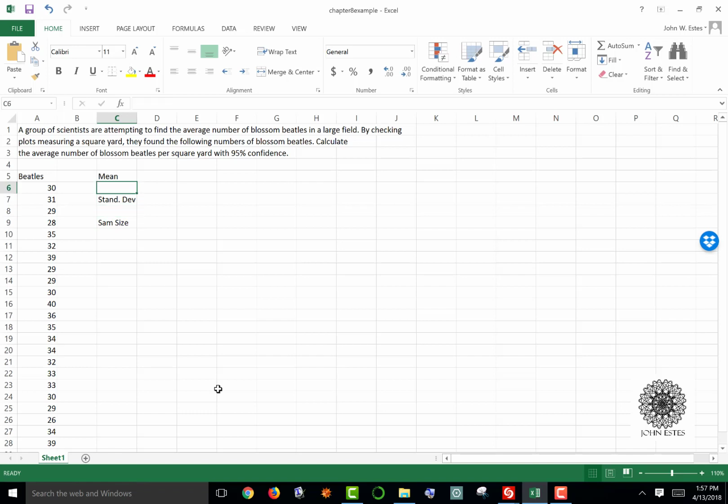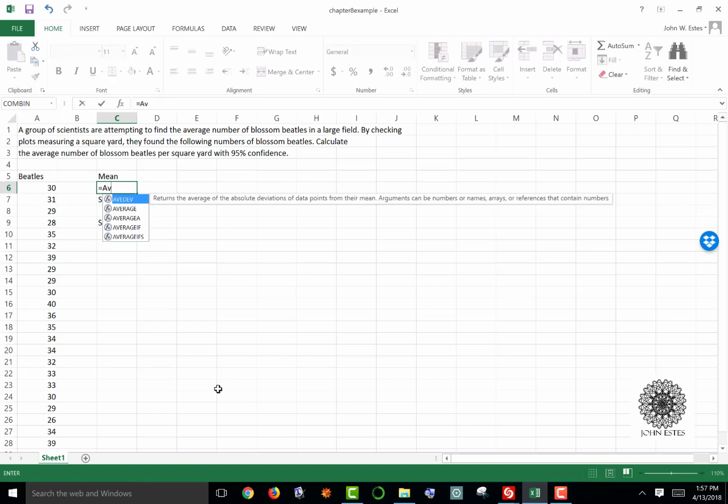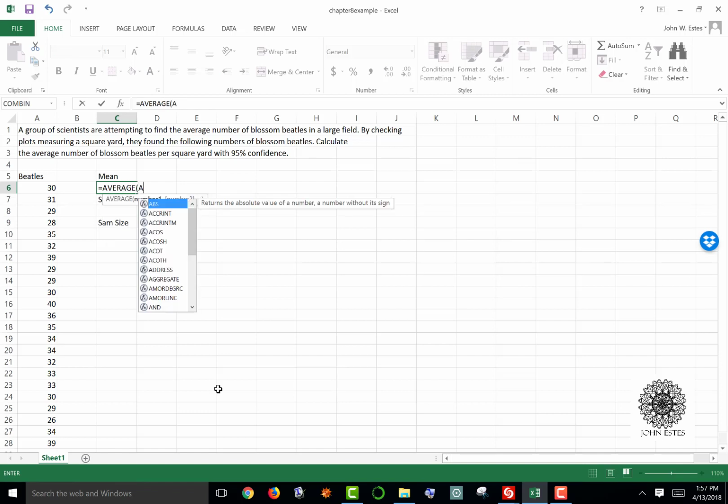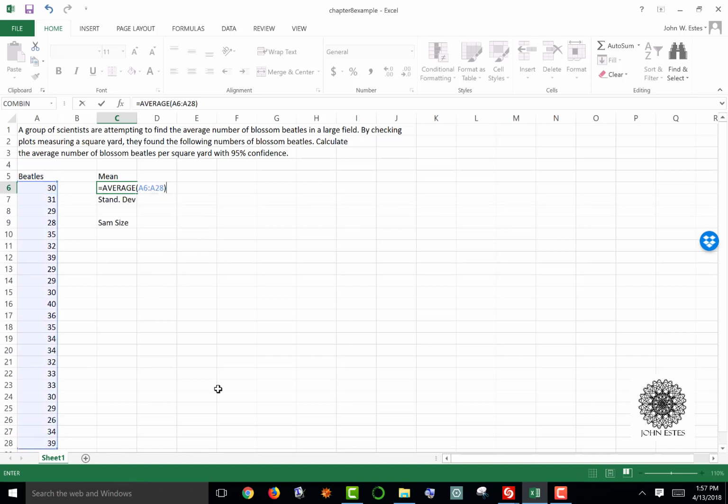All right, so to calculate the mean, this is pretty easy. We just say average equals average, and we're going from A6 down to A28. So you say equals average A6 colon A28. There's my average. My standard deviation, since I only have, well, let's see, how many things do I have? Let's do the sample size.